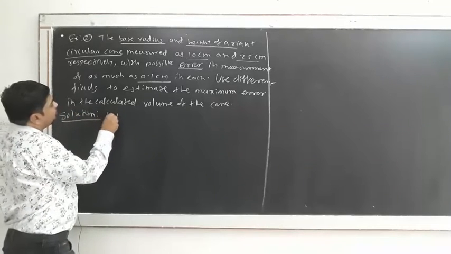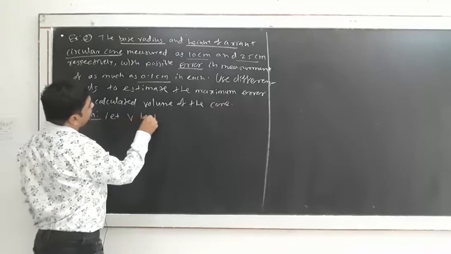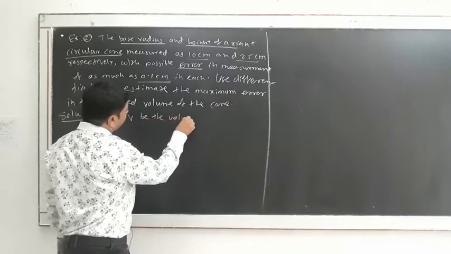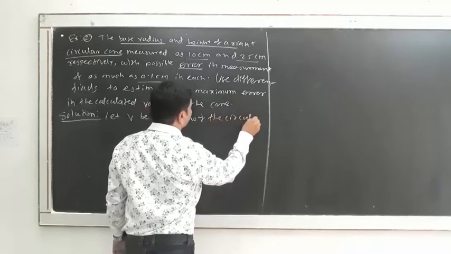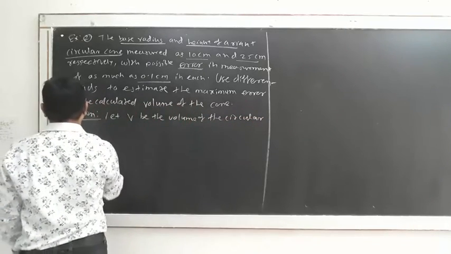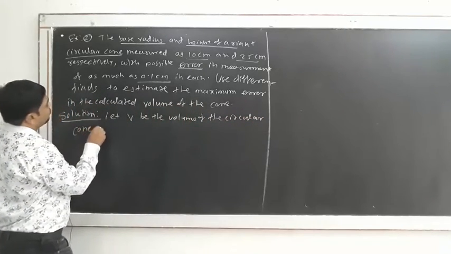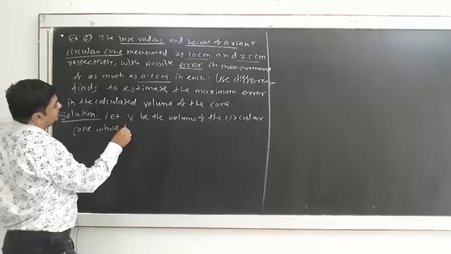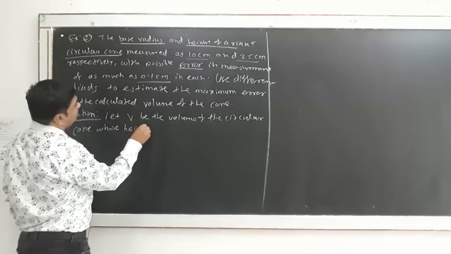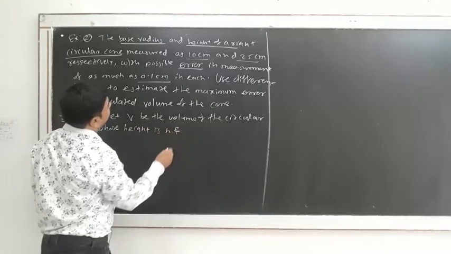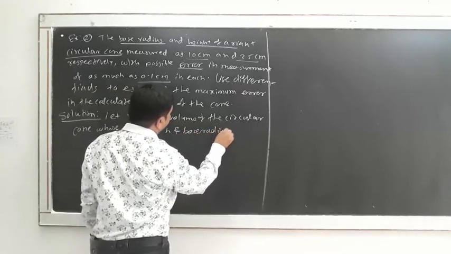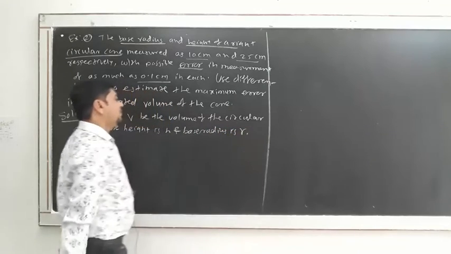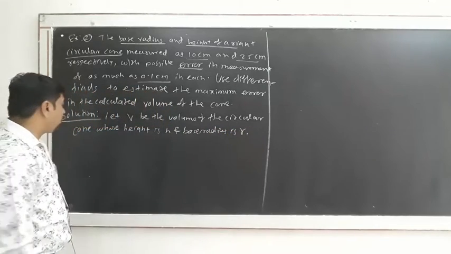Let V be the volume of the circular cone whose height is h and base radius is r. Then what is the formula?